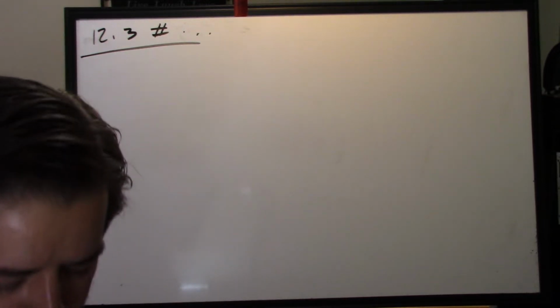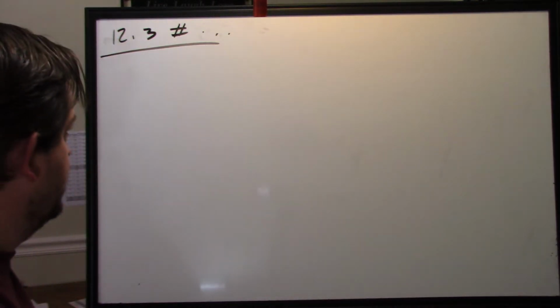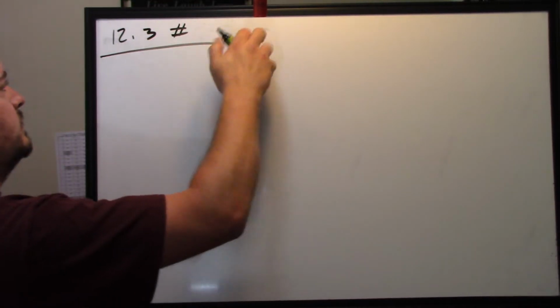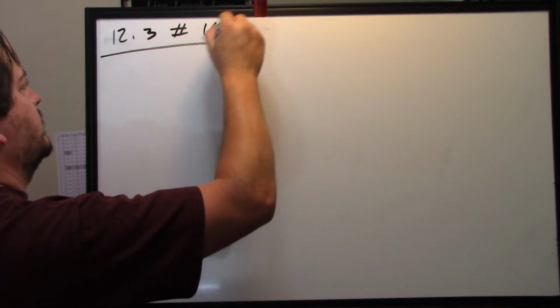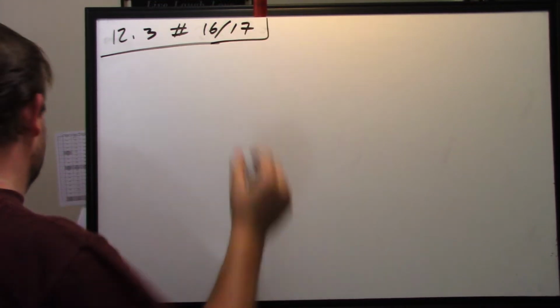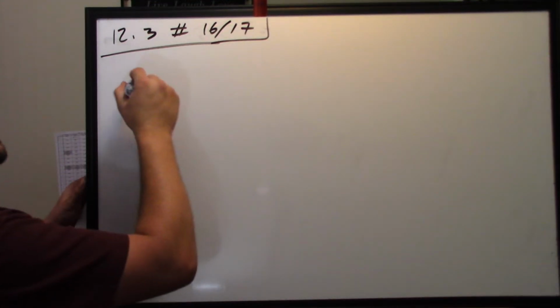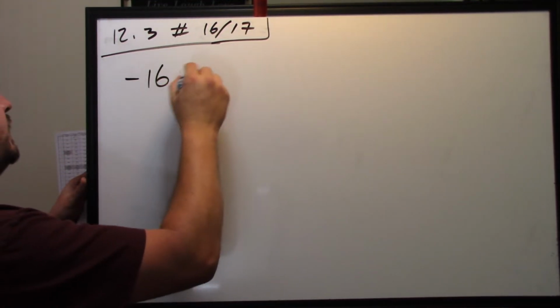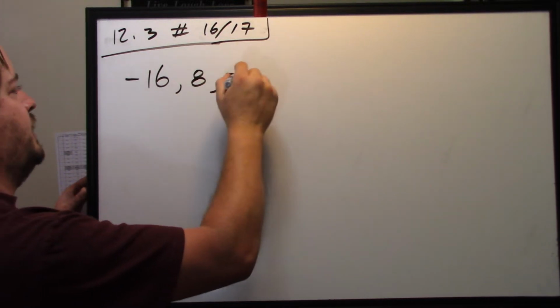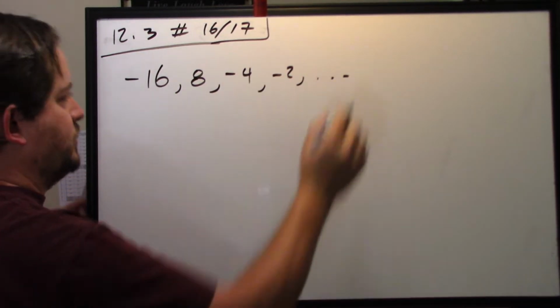Okay, let's look at number 16 and 17. Okay. Our sequence is -16, comma 8, comma -4, -2, and so on, right?